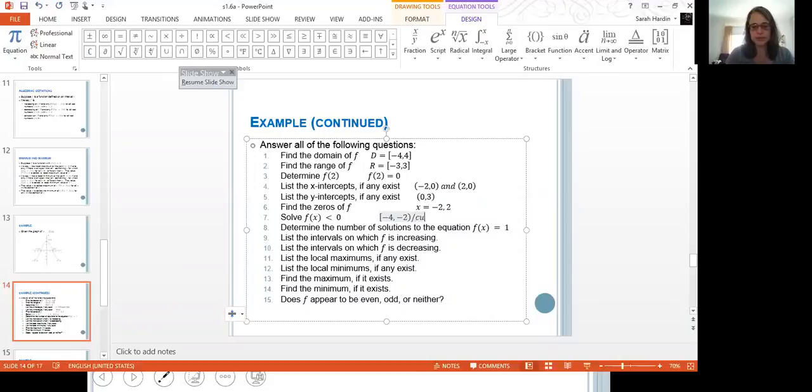And now we're going to union that with the other half, which is x's greater than 2, and less than or equal to 4. Okay? Make sure this makes sense to you. This is the same thing as saying negative 4 is less than or equal to x, which is less than negative 2, or 2 is less than x, less than or equal to 4. All right.